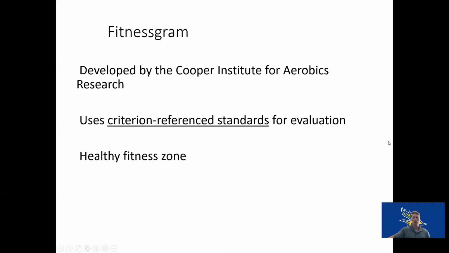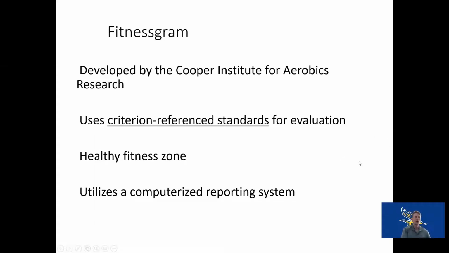It uses criterion referenced standards to set students into healthy fitness zones. So are they not fit? Are they healthy fit? Are they very healthy fit? That way we know maybe we need to put in some interventions, or do something else to improve that student's physical fitness. And we can do this using a computerized reporting program. So there is a blanket standard for them.